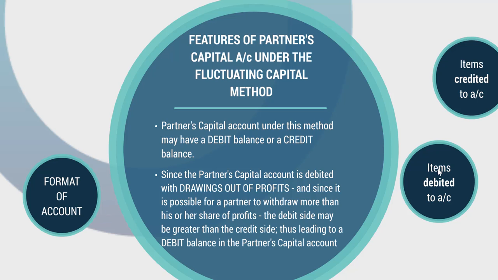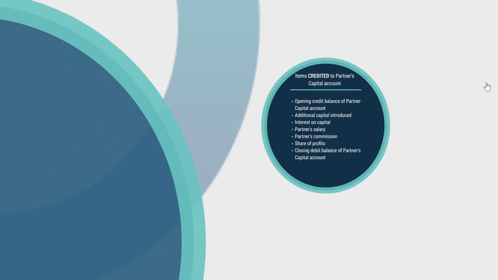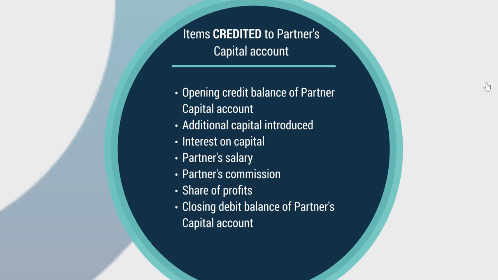We'll check out the items which are credited to this account. All the items which are credited to the partner's capital account and the partner's current account in the fixed capital method, all those items will be credited to the partner's capital account in the fluctuating capital method.